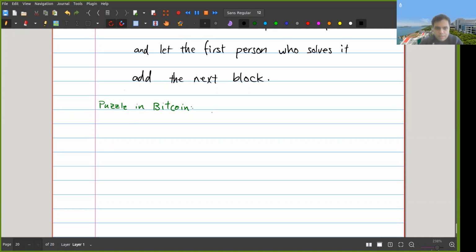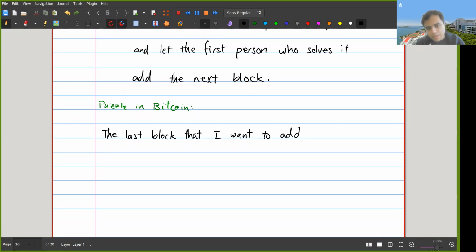So the idea is this. Suppose that I have a hash function h, and let's say that I want to add my block to it. Let's say the last block that I want to add is B. Okay, if I have a block B and I want to add it to the blockchain, of course, this B also has a hash pointer to the previous block, right?